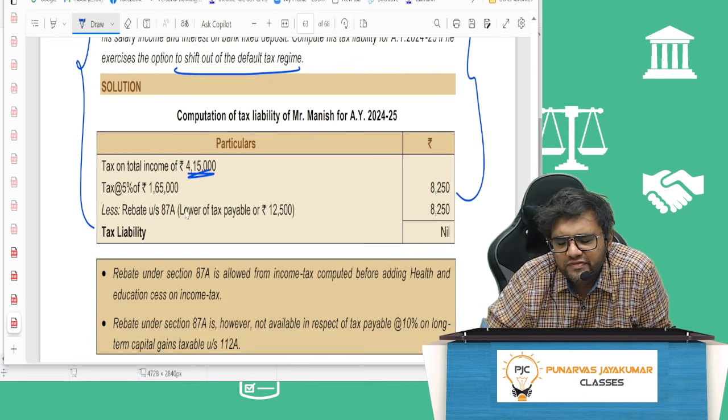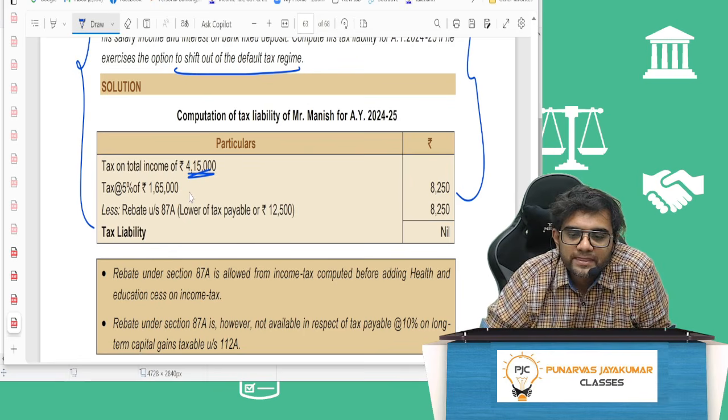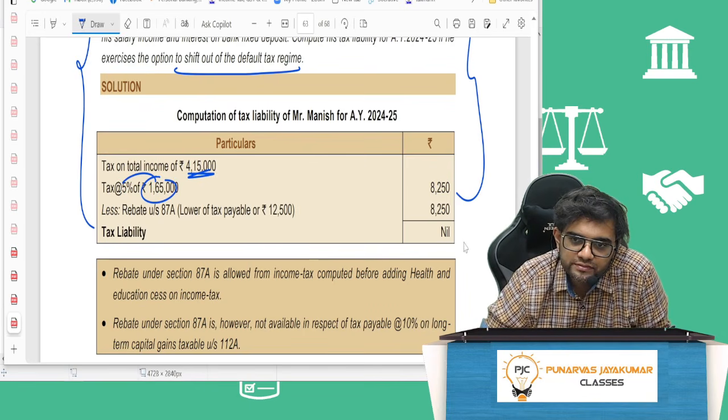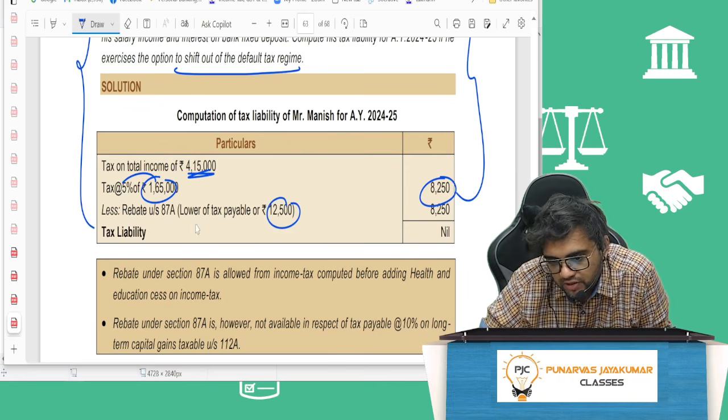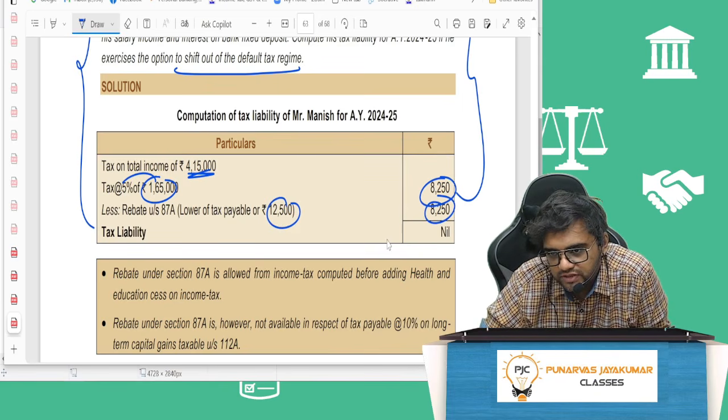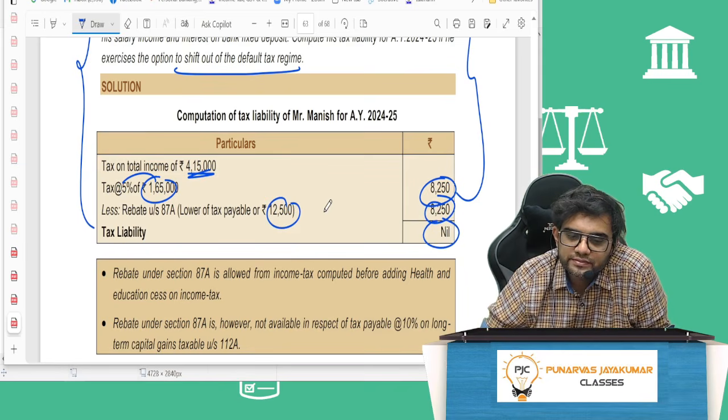Tax on 4,15,000: 0 to 2.5 lakh, nil. 2.5 lakh to 4,15,000, how much? 1,65,000. On 1,65,000, 5%, 8,250. And as per the calculation of the rebate, how much will it be? 12,500 or 100% of the tax, whichever is less, which is less, 8,250. The tax liability will be nil.